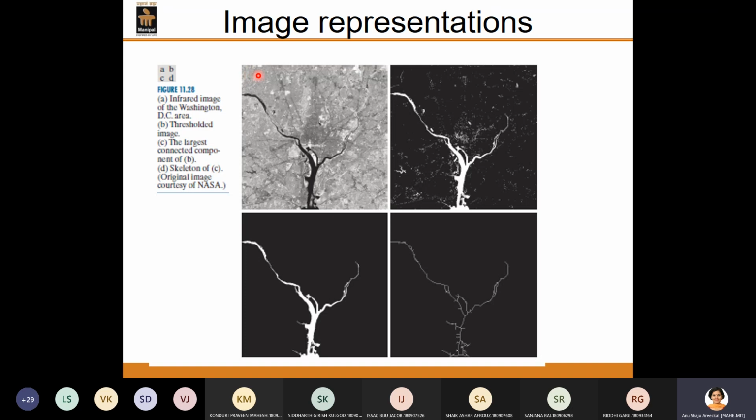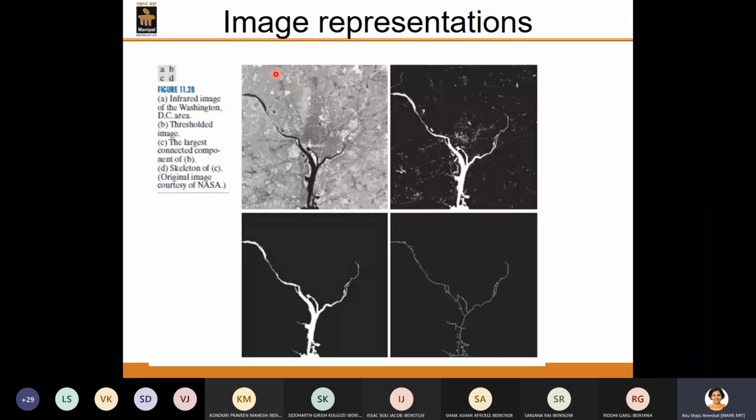So as the pixel intensity levels also increase, you will need more size to store the particular values of the image, that also increases, right?